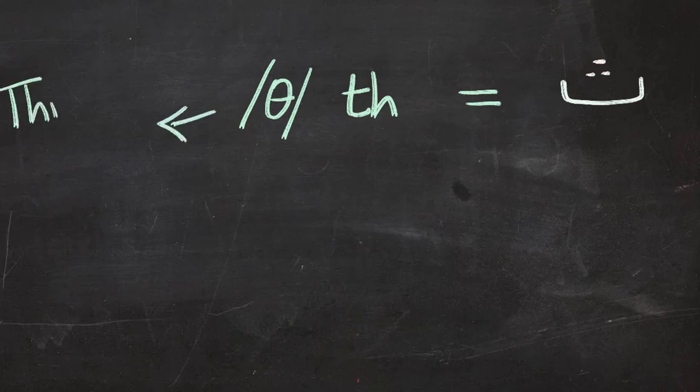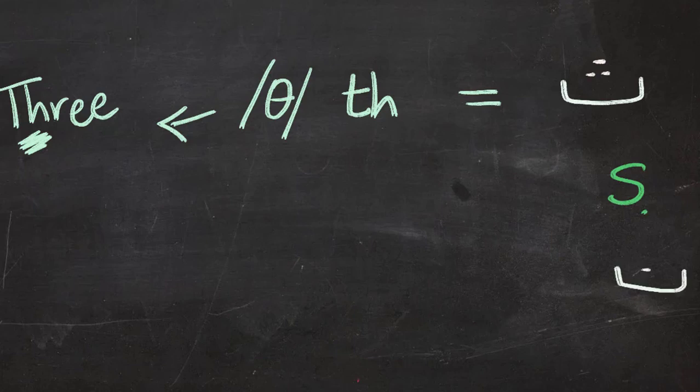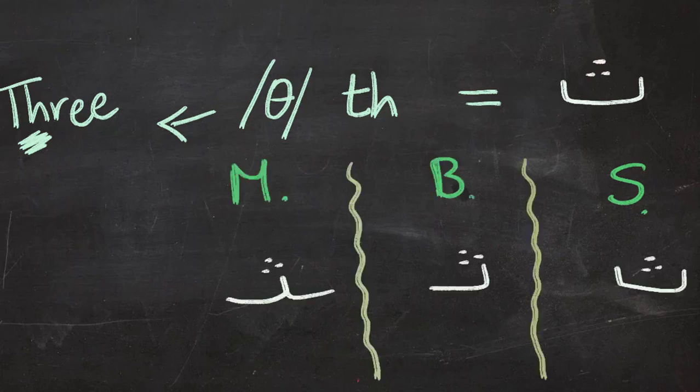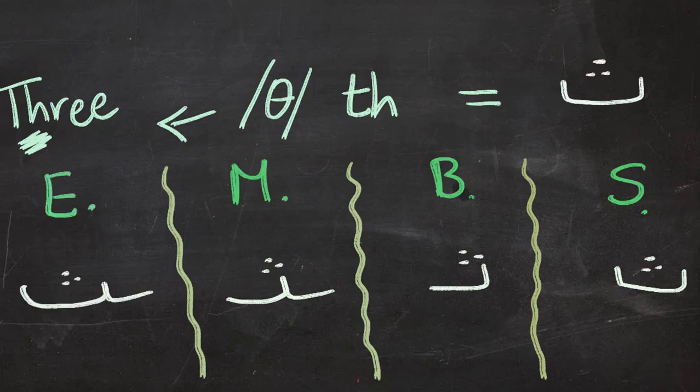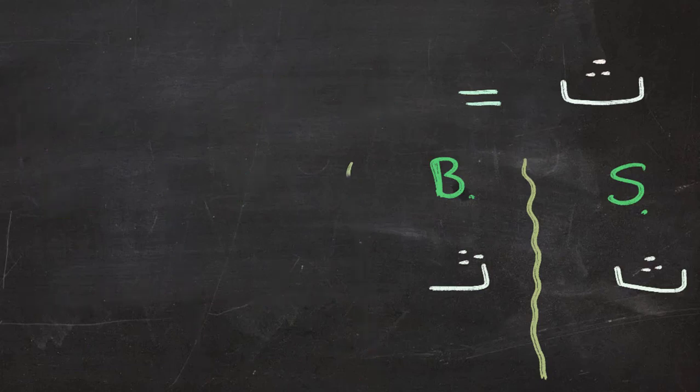That's the phonetic symbol. Like the sound you use when you say the word three. So Tha. It is a voiceless sound. So you don't use the vocal cords while you're using the letter Tha. And these are the 4 positions that look exactly the same as Ba with the exception of the 3 dots.